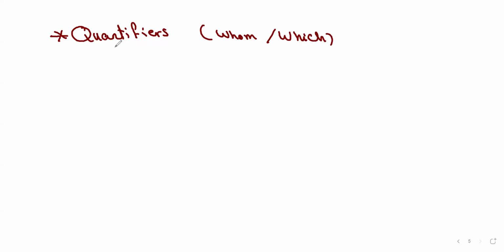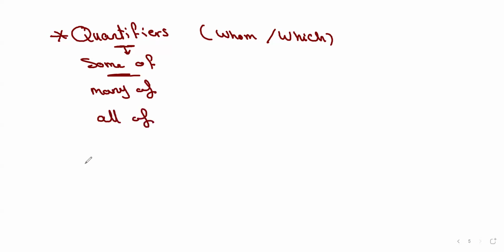Like what? Quantifiers are just like some of, many of, all of, none of, neither of, one of, etc.